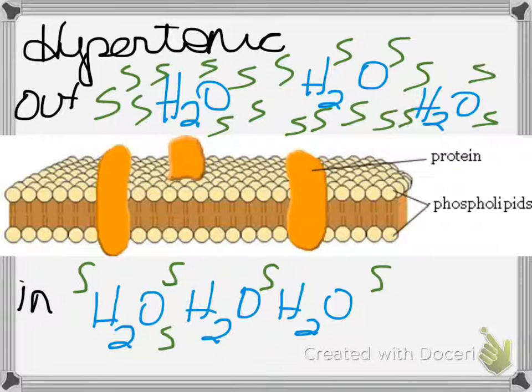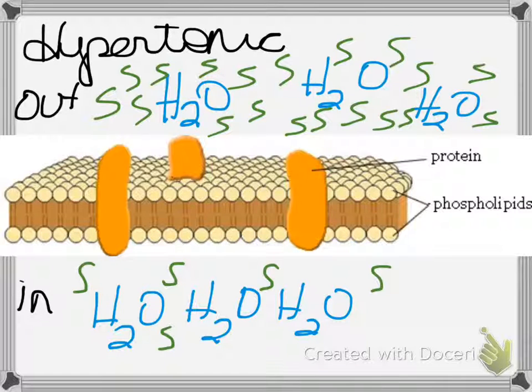Now, when you have a very concentrated solution, the solute, sugar, to solvent, water, ratio is higher outside the cell. So you have a lot more solute compared to the solvent. And that will affect your cells by changing the direction the water goes.